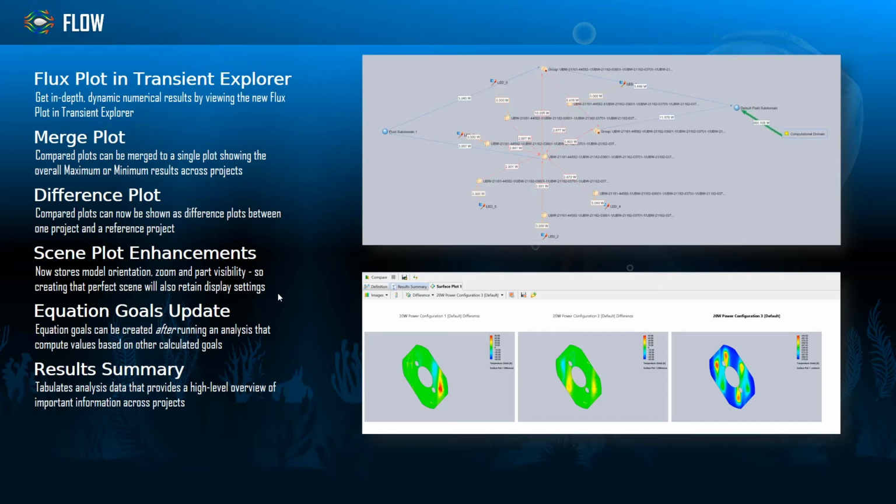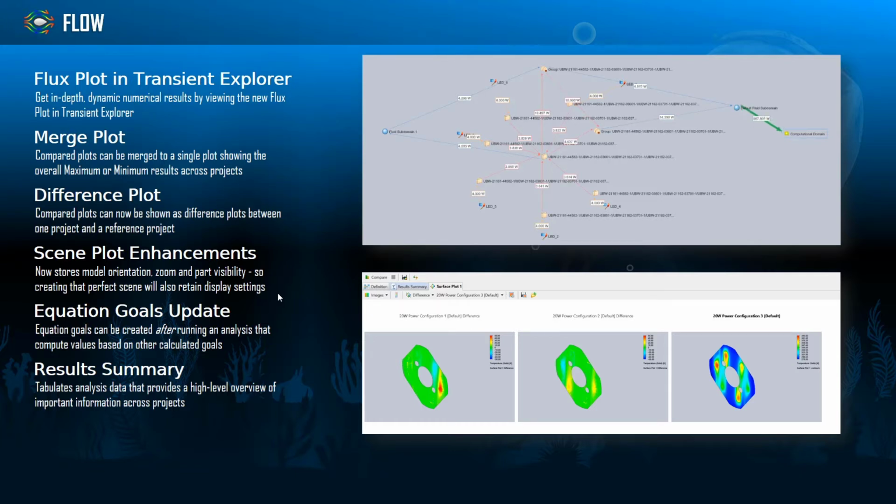We have compared results in previous versions also, but in this recent version we have the merge plot option to compare the results. Scene plot enhancement. Here we can create a perfect scene which will help us to retain the display settings.